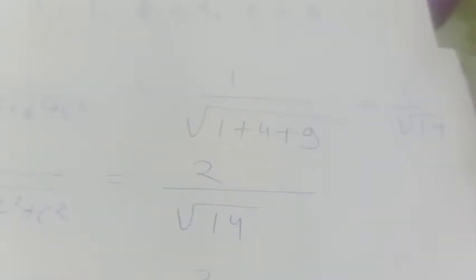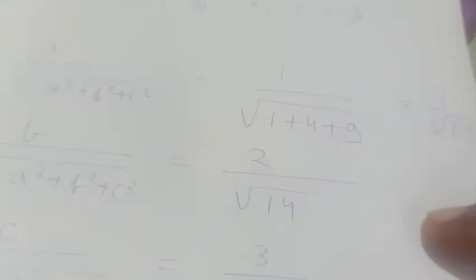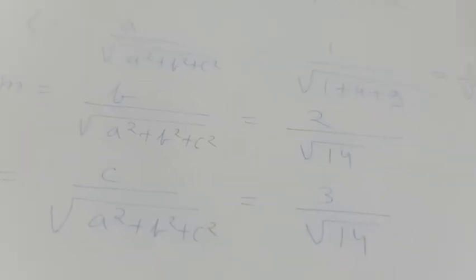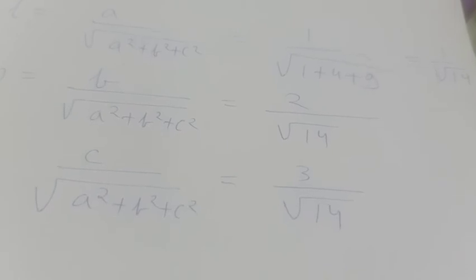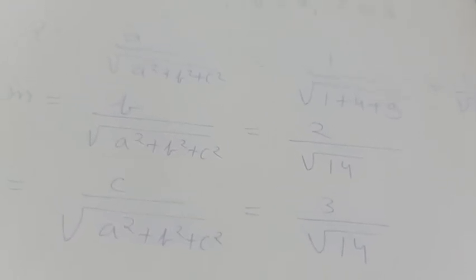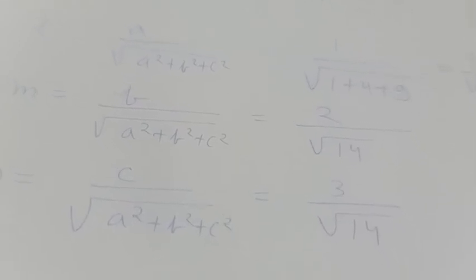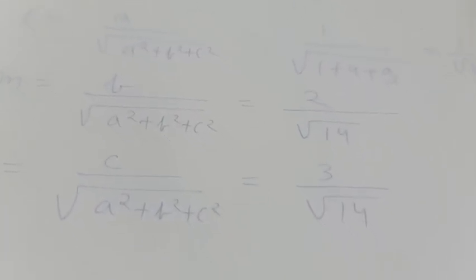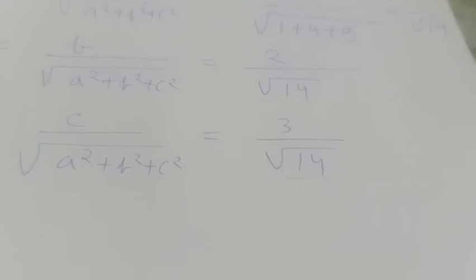Now using the formula l equals a upon root of a square plus b square plus c square, we get the value of l as 1 upon root of 1 plus 4 plus 9, that is 1 by root 14. Similarly, we can get cos b, the value of m, that will be b upon root of a square plus b square plus c square, equal to 2 upon root 14, and then the value of n equals c upon root of a square plus b square plus c square, equal to 3 upon root 14.